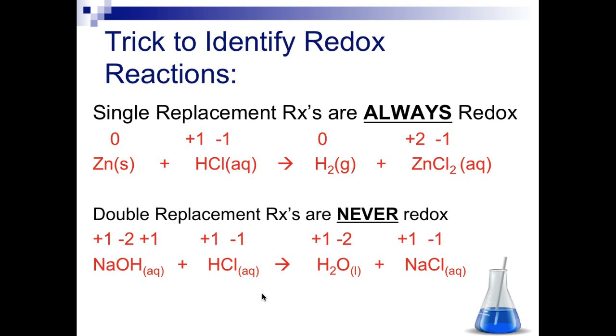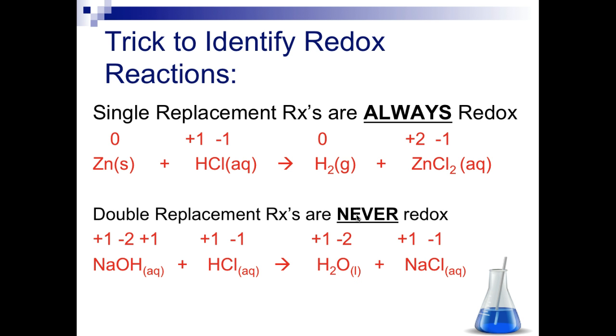When you identify what kinds of things are redox reactions, here's a trick. Single replacement reactions are always redox equations. So anytime you have a single replacement reaction, that's always going to be because oxidation numbers are changing. When you have a double replacement reaction, those are never a redox reaction. Their charges are always going to stay the same on both sides.